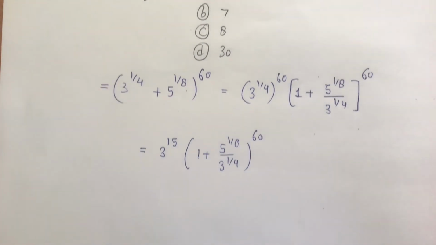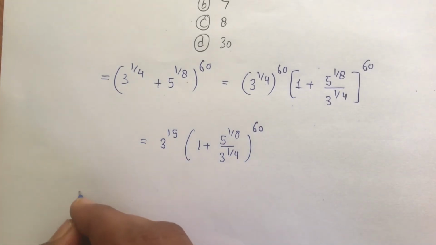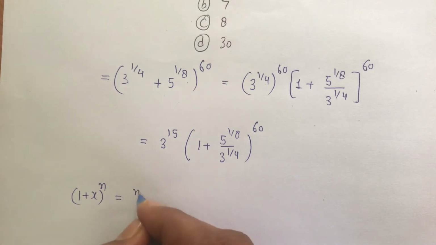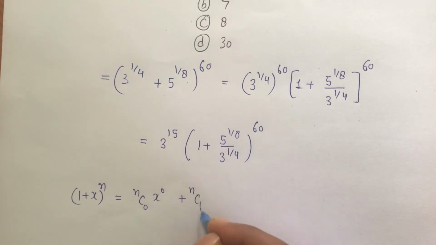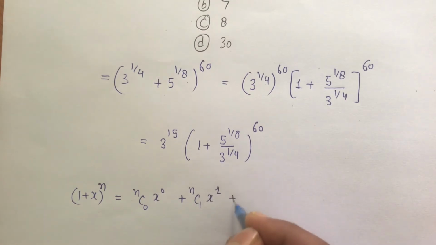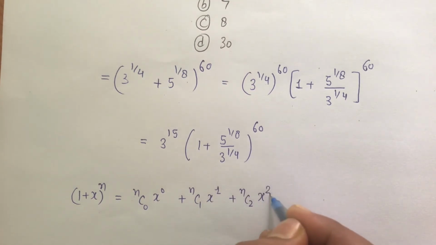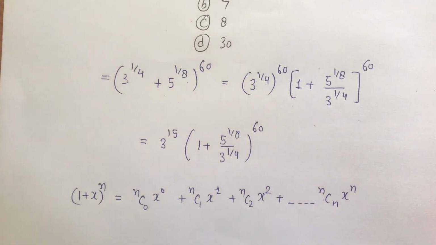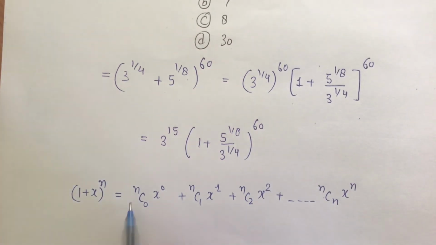And if you know the (1 plus x) raised to the power n expansion, it is nC0 x raised to the power 0 plus nC1 x raised to the power 1 plus nC2 x raised to the power 2 and so on, up to nCn x raised to the power n. nC0, nC1, nC2, all these are rational numbers, integers in fact. x raised to the power r will depend on x.